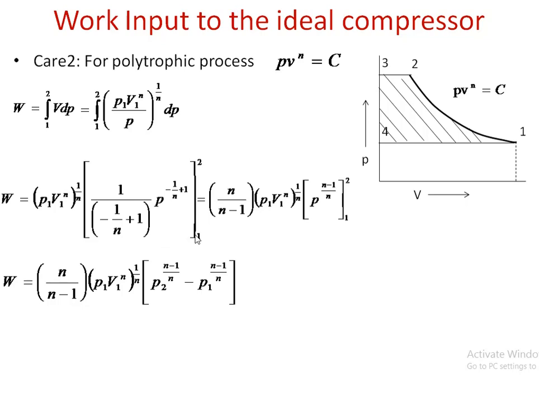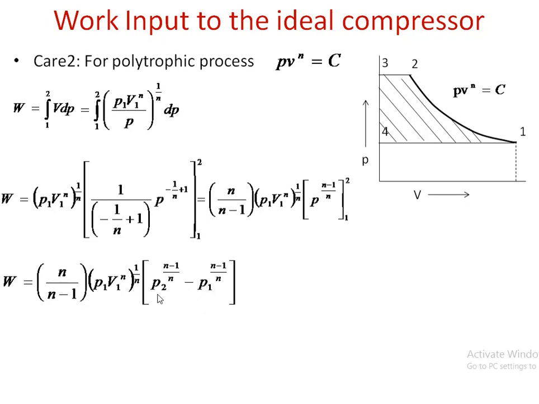Next step, I substitute upper and lower limits 1 and 2. So therefore I get P2 to the power n minus 1 by n, P1 to the power n minus 1. Other things are same, no change here. Then I will further simplify. I will take this P1 outside.